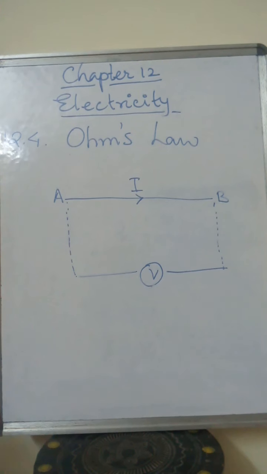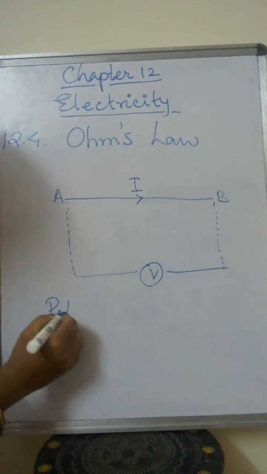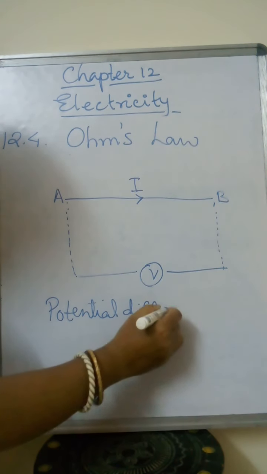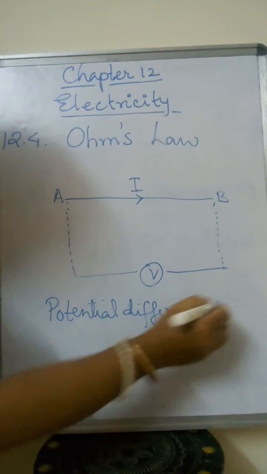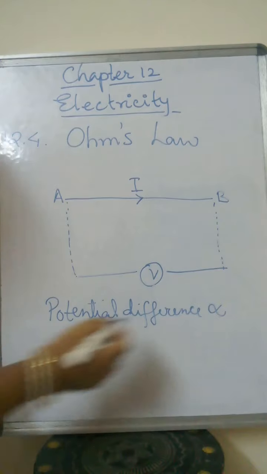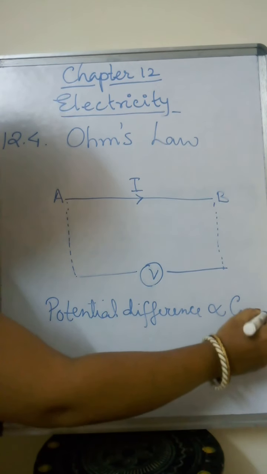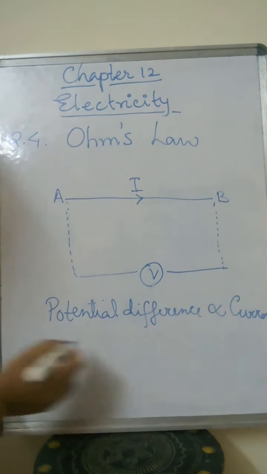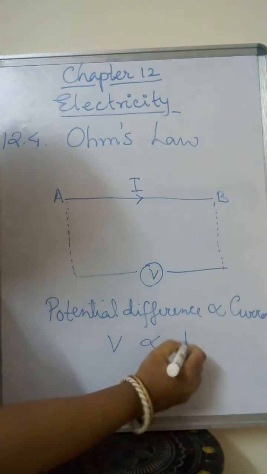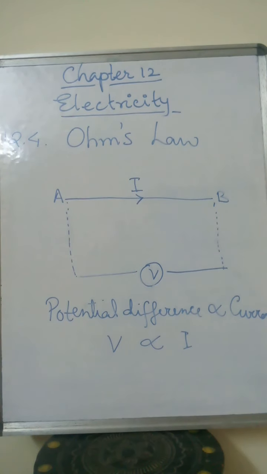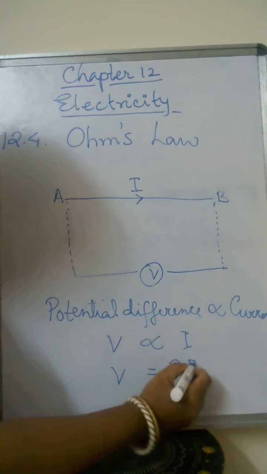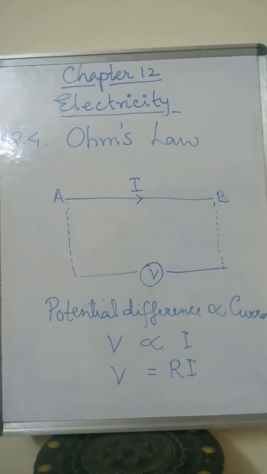Now according to Ohm's law, potential difference is proportional to current. The symbol for potential difference is V, and the symbol for current is I. So V is equal to RI, where R is a constant.